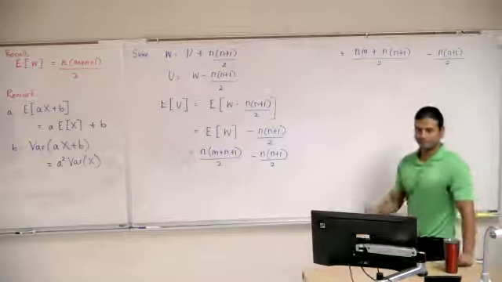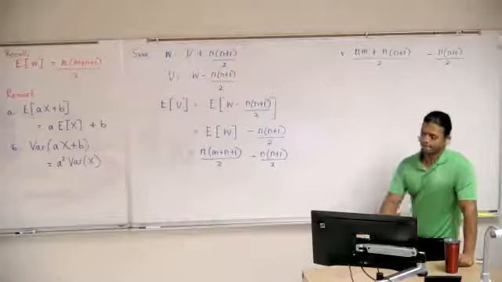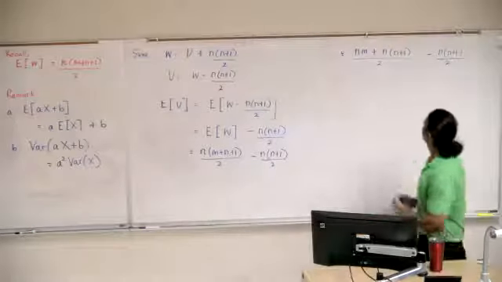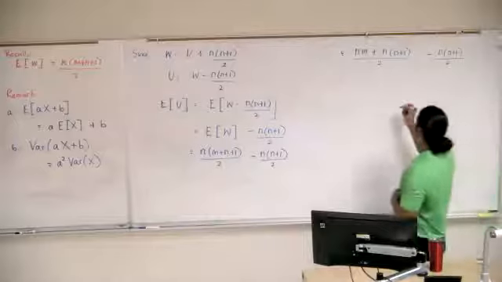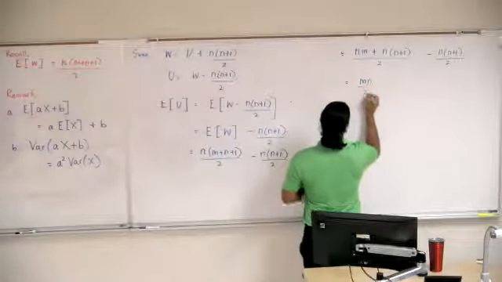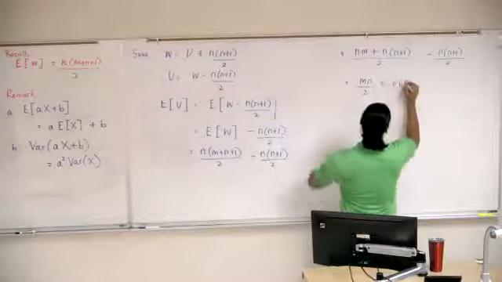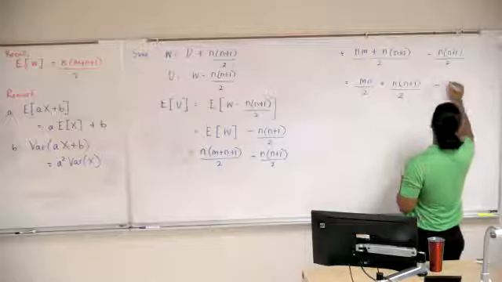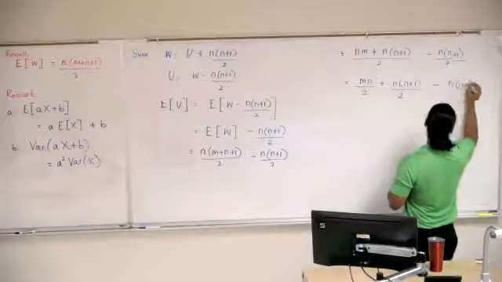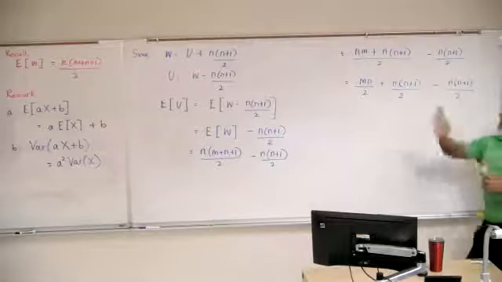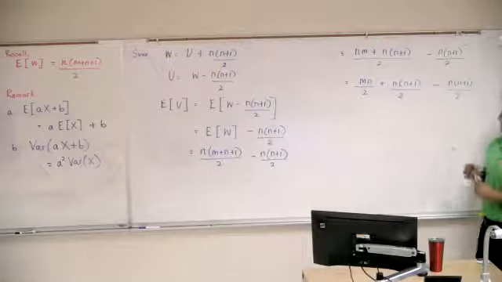But wait so far. So common denominator. So N over 2 plus N times N plus 1 over 2 minus N times N plus 1 over 2. Yes, I just split them.